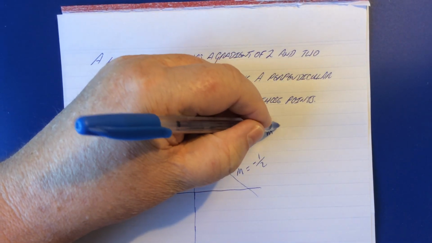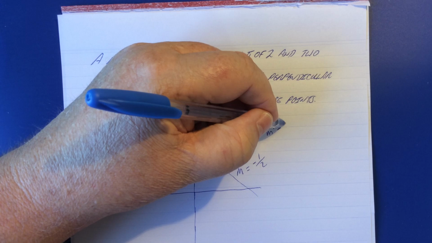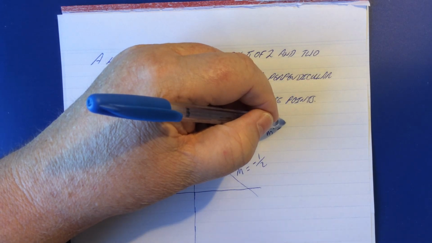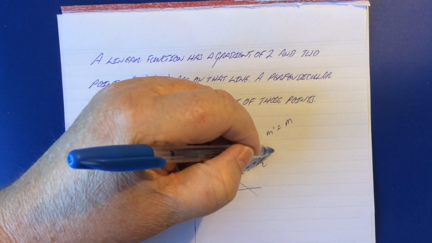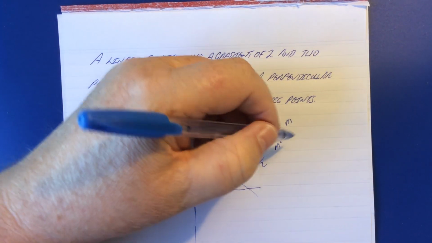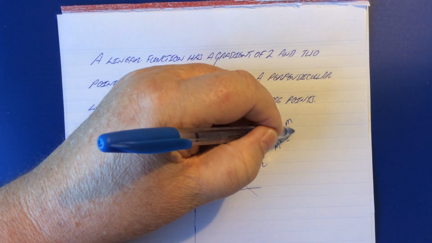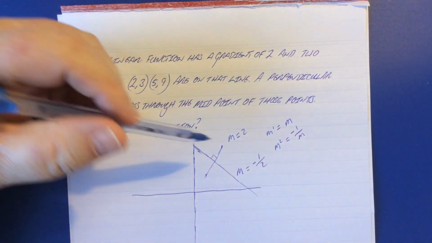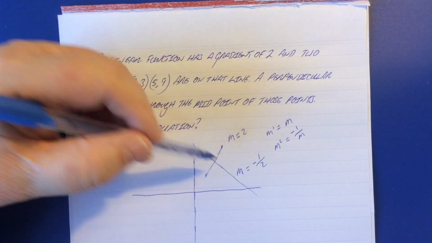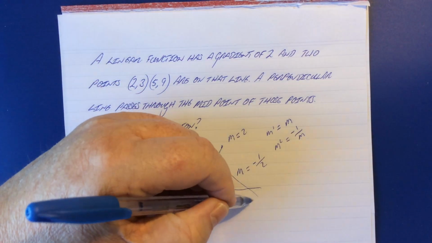So if M1 equals, what do we call it? Oh, we'll call it M. It's a bit messy, but we'll do that. M2, which is the perpendicular one, is going to equal negative 1 over M. That's how this works. So we know what the gradient of this line is.